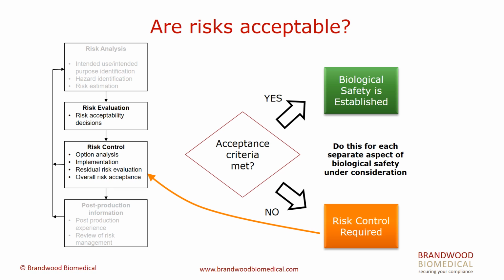If we have not, then we may need to do further risk controls. So if we find that excessive quantities of a leachable are coming out a bit above the tolerable intake, or we have test data that show safety concerns, then we may need to introduce some risk controls. And we ask this question for each separate aspect of biological safety under consideration.